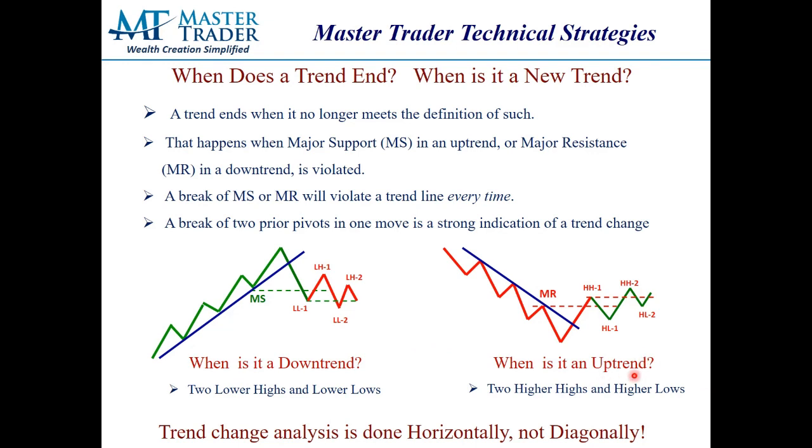When does it change to an uptrend? Well, once it trades above major resistance, we say it's in a sideways trend, and we make the assumption that it will make higher low number 1, which, if it takes out higher high number 1 and makes higher high number 2, we then have two higher highs, and we're waiting to see if it makes a higher low.